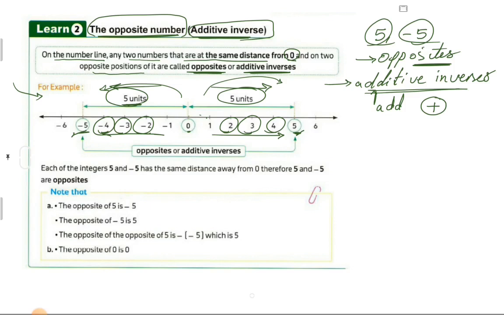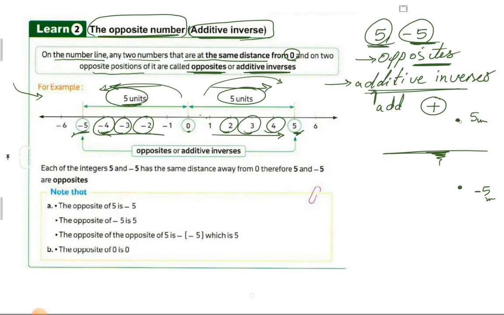If we have 5 and negative 5, I have a sea level, it's water, and I have a point here and a point here. This point is 5 meters above sea. This point is 5 meters below sea. We call it negative 5 meters, right?